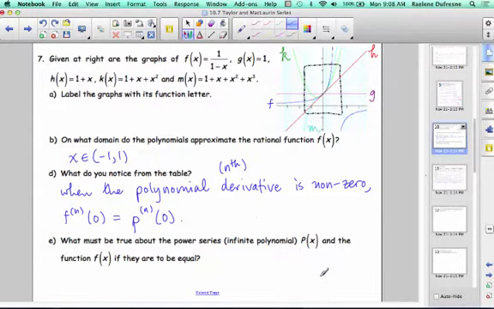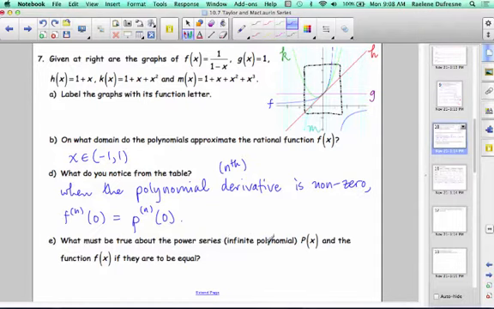And what must be true about the power series, which is an infinite polynomial p of x, and the function f of x if they are to be equal? Well, we have that the cubic polynomial, for example, is equal to the function f up until the third derivative, but beyond that they don't match.